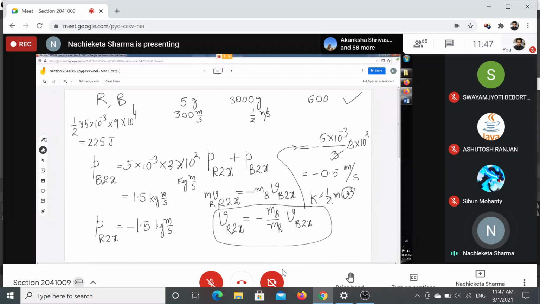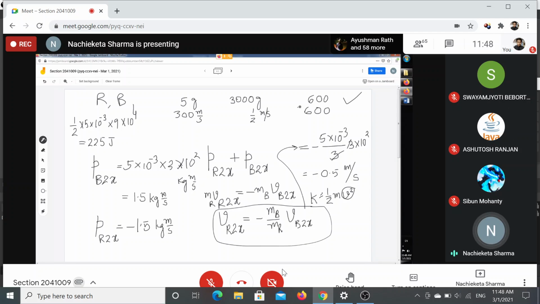So now you see, the mass of the gun is 600 times more than the mass of the bullet. So the kinetic energy of the gun should be 600 times more than the kinetic energy of the bullet. But that is not the whole story. The second part of the story tells you that kinetic energy is directly proportional to the square of the speed, and the speed of the bullet is 600 times more than the speed of the gun. So how much more kinetic energy? 600 square.